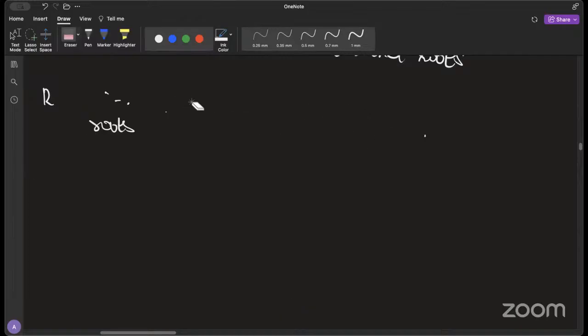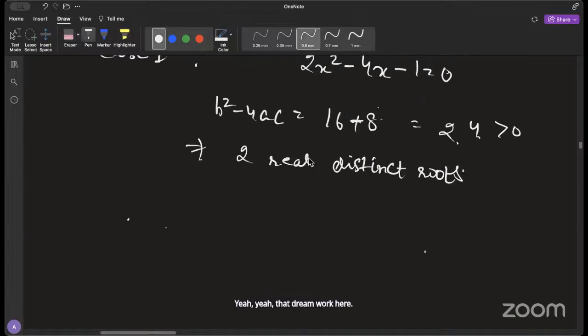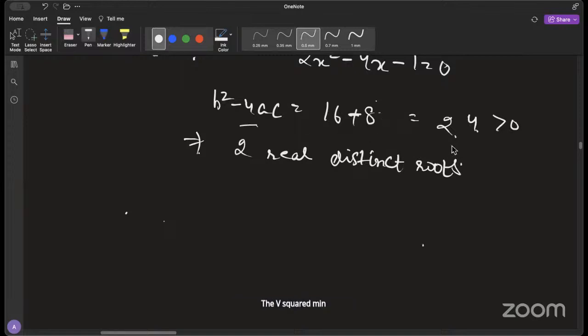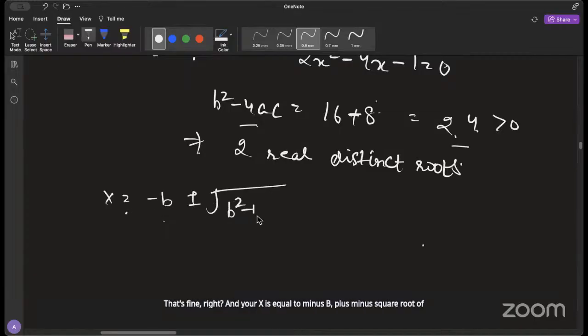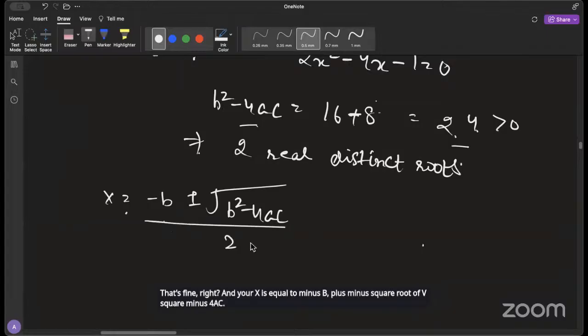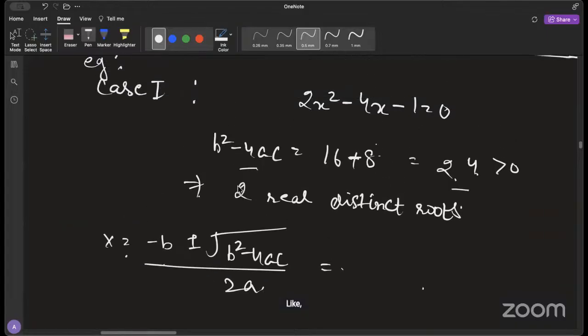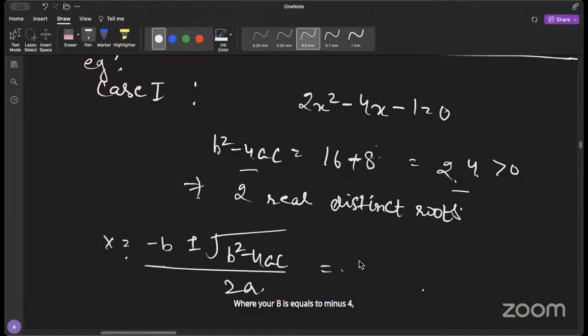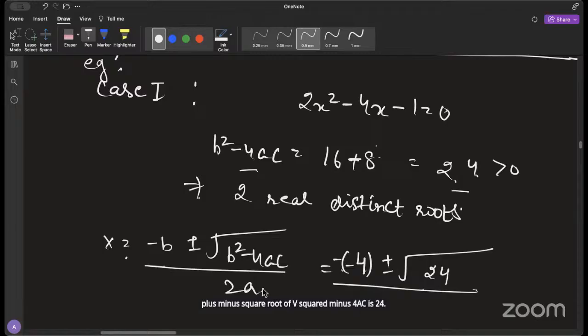We're using quadratic formula here. Yeah, that way more clear. So b square minus 4ac is 24. That's fine, right? And your x is equal to minus b plus minus square root of b square minus 4ac by 2a. Where your b is equal to minus 4, so minus b will be equal to 4, plus minus square root of b square minus 4ac, which is 24, and 2a is 2 times 2, which is 4.